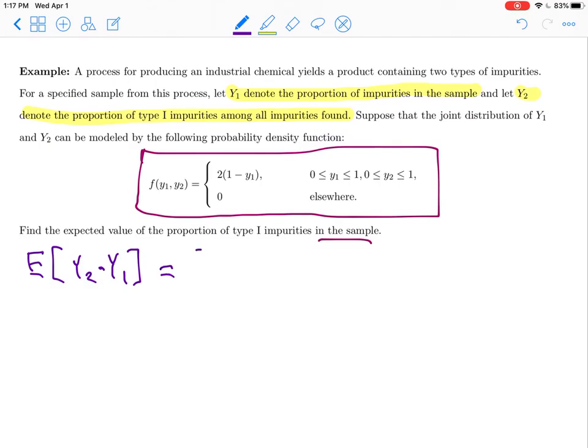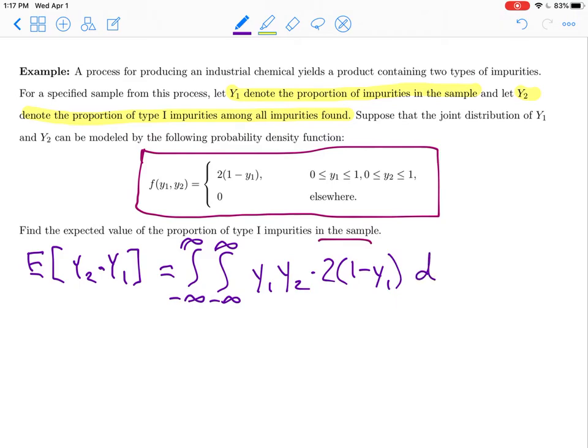So we have an integral from negative infinity to infinity, negative infinity to infinity, of y1 y2 times the density, 2 times (1 minus y1), dy1 dy2.